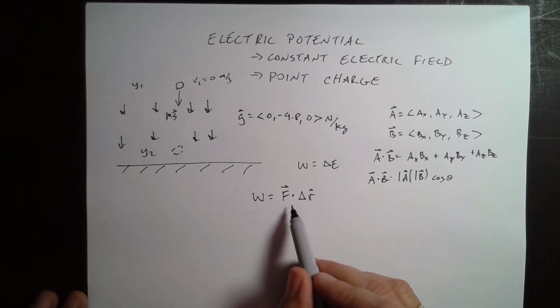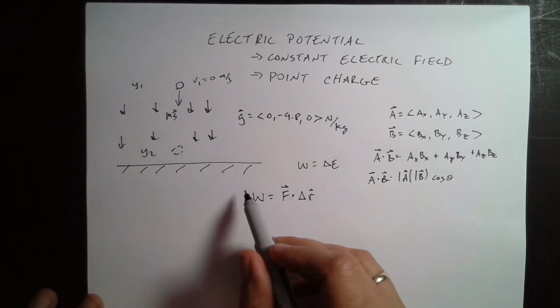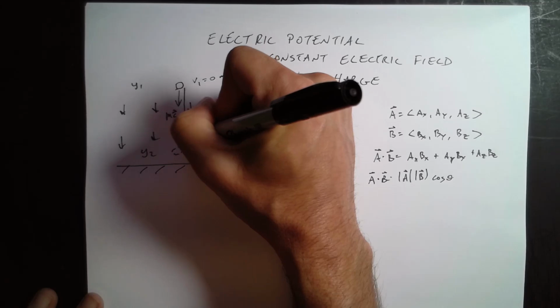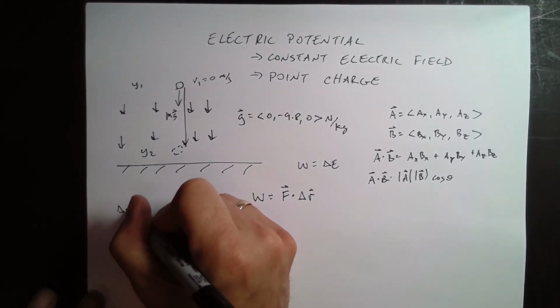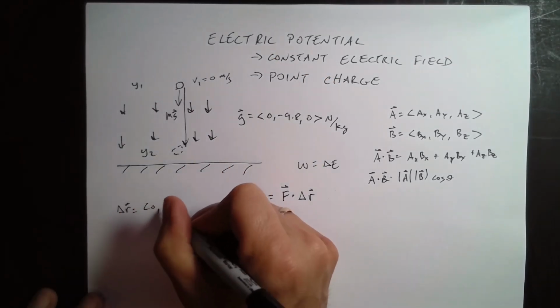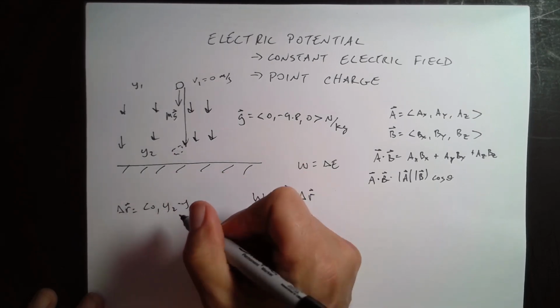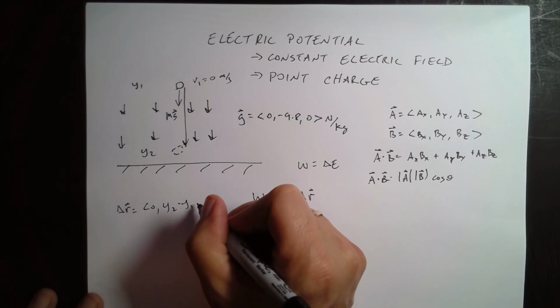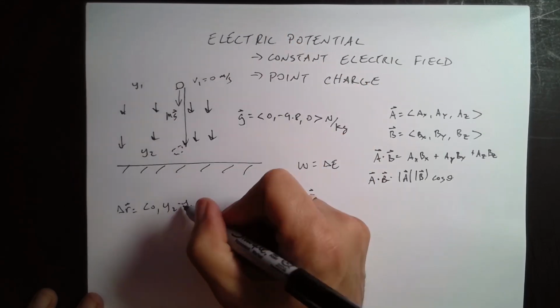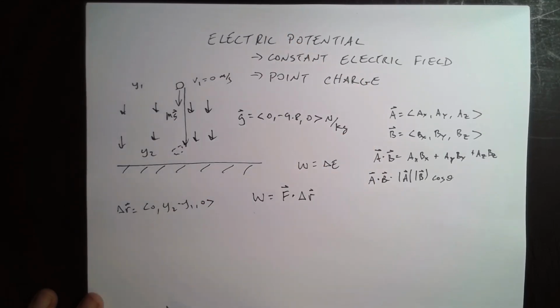Okay, so the work done by gravity is F dot delta R. So in this case, let's say this is my delta R vector. So delta R is going to be the vector 0, y2 minus y1, 0. So if it's moving down, this y2 minus y1 is a negative value.